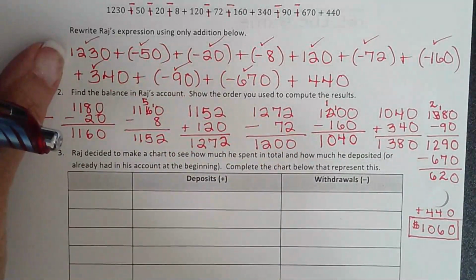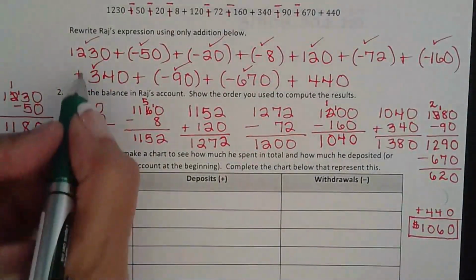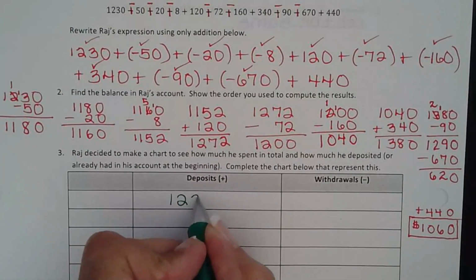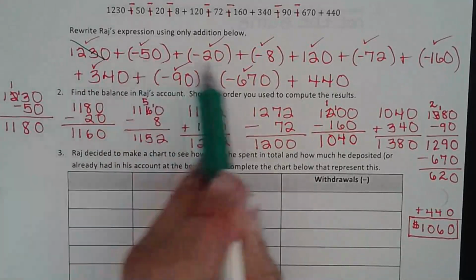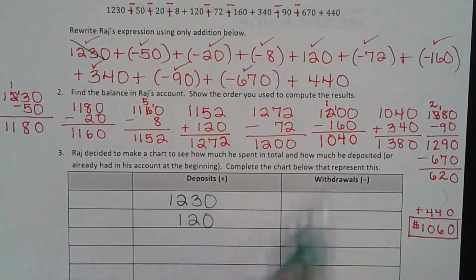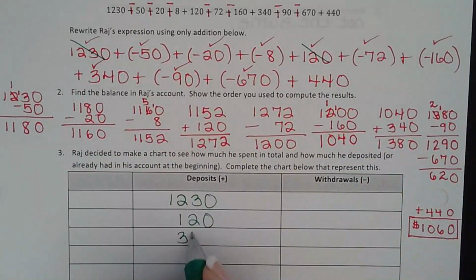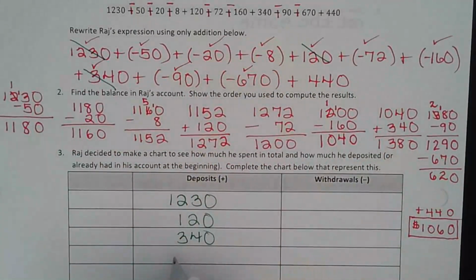So he had $1230 in the account at the beginning. So this would be $1230 in the positives. And then 120 in the positives, 340 in the positives, and 440.